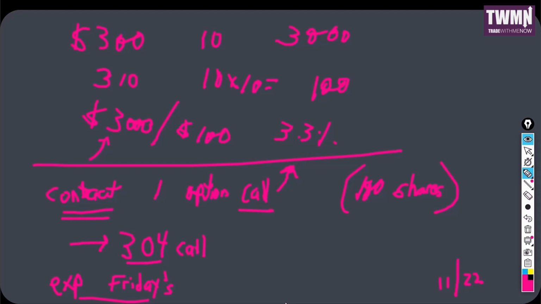So if price goes up from 300 to 305, 306, 307, before my expiration date, I could say, okay, Mr. Broker, I got these 304 calls, right? I got one contract, 100 shares. I'm going to go ahead and exercise that right now.